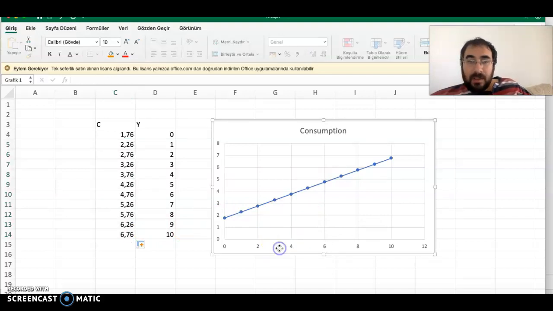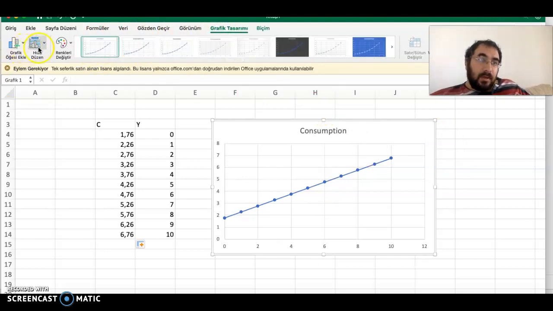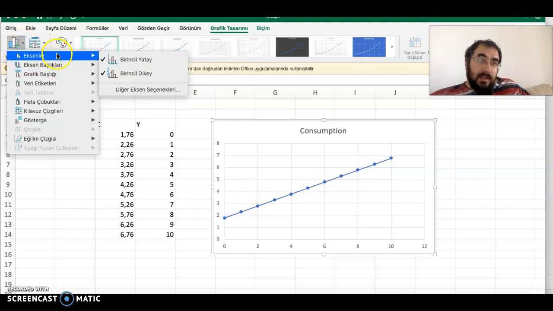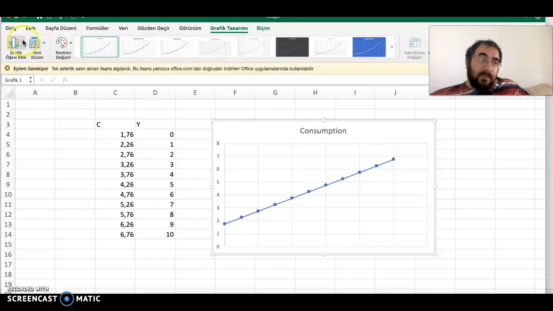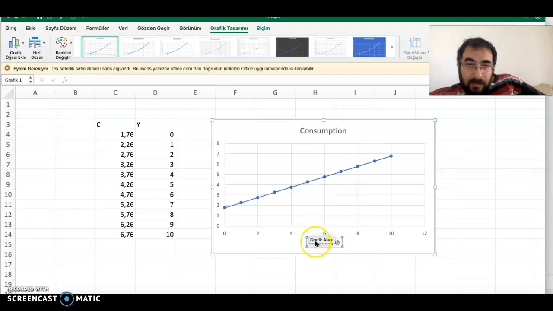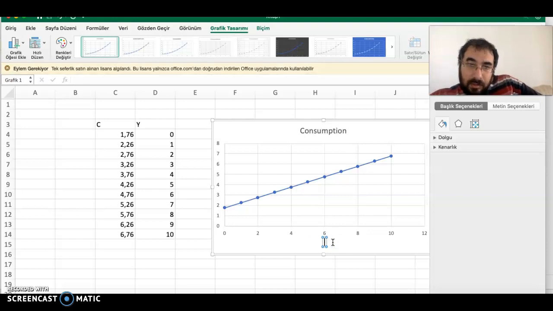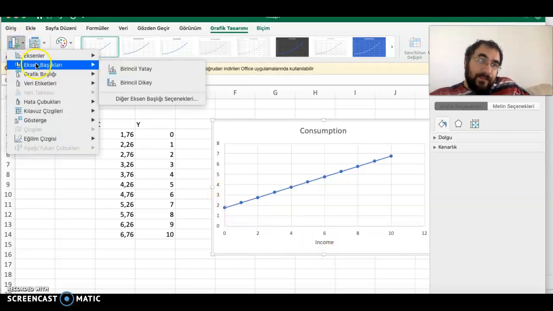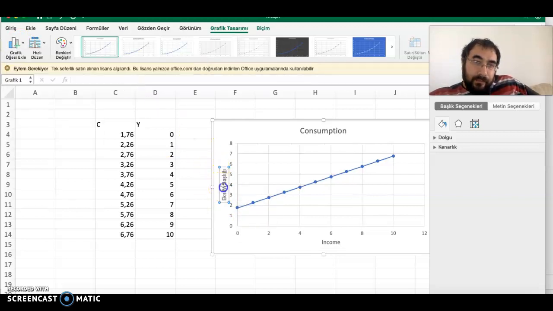It looks like this. And as always, if you want, you can make it more beautiful, like basically, I'm sorry, income here, and write consumption here.